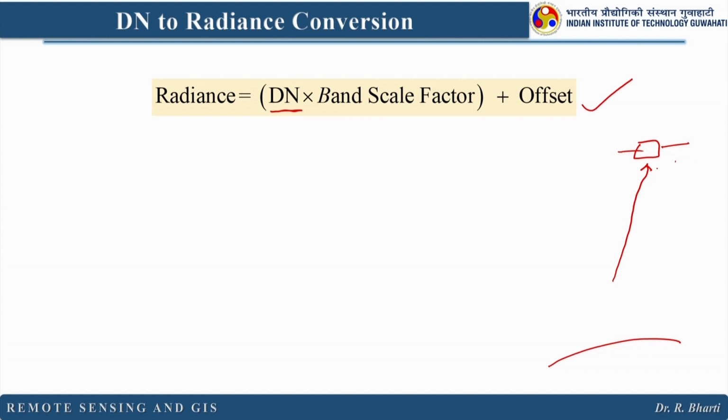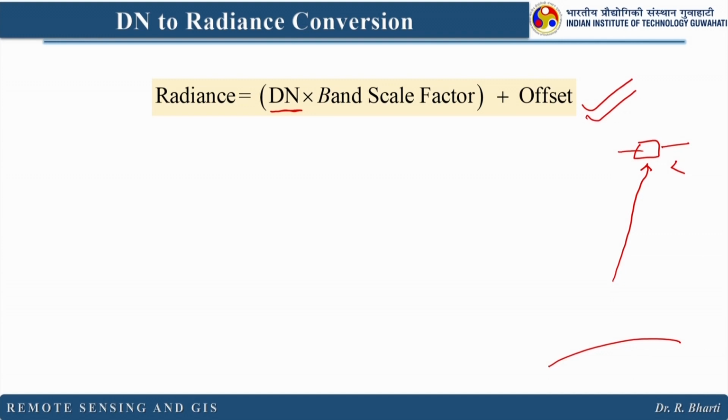So the intensity is very low. Sometimes, to store that energy you need to use some scale factor, right? During the calibration of your satellite, the space agency uses some scale factor and offset that will be provided to you in the form of metadata.